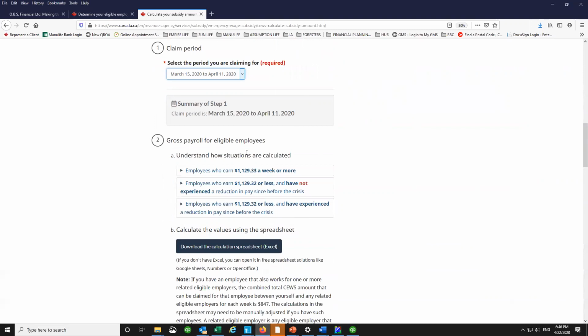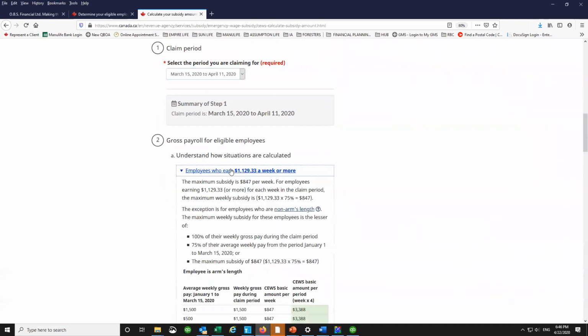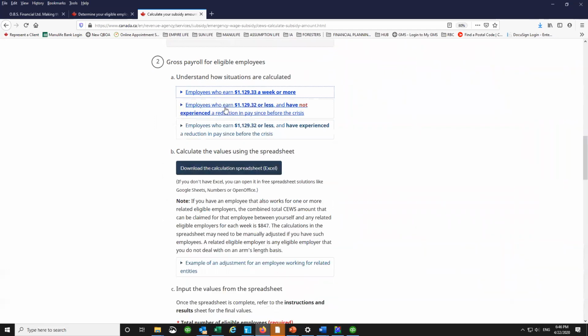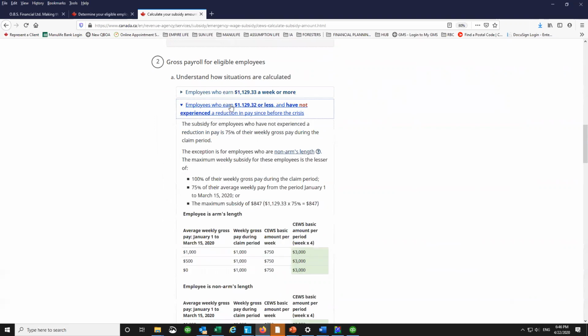So going back to the video we had, there was the maximum CEWS, which is $847 a week. That's what the first section talks about. The second section talks about employees who earn less than the maximum and have not received a reduction in pay, and how that gets calculated.